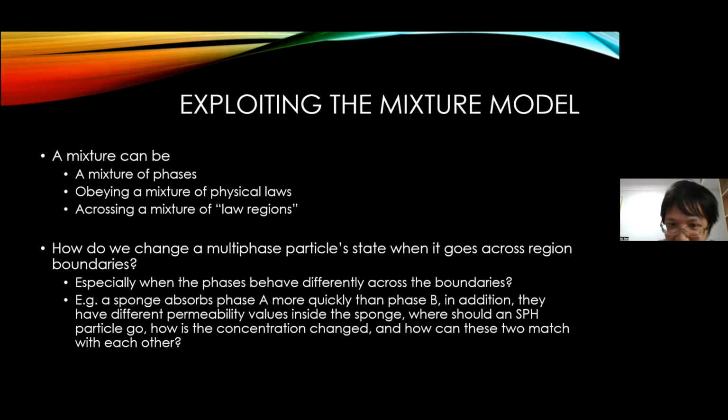As the particle moves inside the solid, the volume fraction of phase B should decrease within this particle, and finally it will contain only the phase A volume fraction. So how can we ensure the consistency between this momentum change or position change and the continuity or volume fraction change?